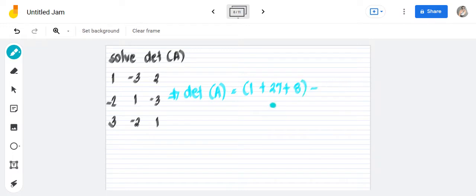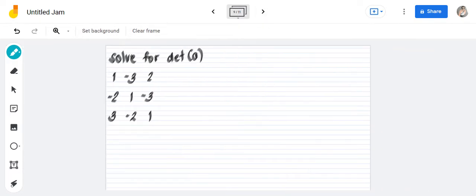So minus, upwards, 3 times 1 times 2, 6, negative 2, negative 3, 1, 1, negative 2, negative 3, 6. That is now equal to 36 minus 18. The determinant of our coefficient matrix is equal to 18.